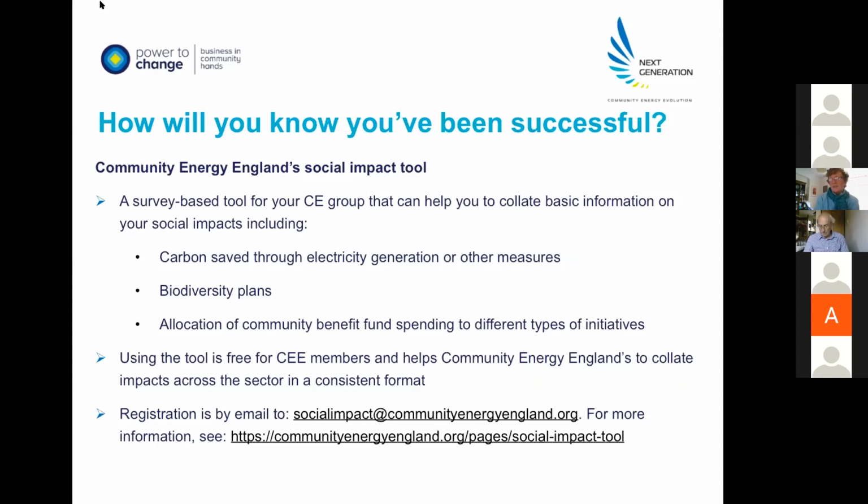It asks some basic questions about whether you have a biodiversity plan. It doesn't get much beyond, yes, we've got it, and this is the actions it includes. And it asks about how your community benefit fund is allocated between different types of initiatives, whether it all goes on energy efficiency initiatives, or on wider social initiatives, and so on.